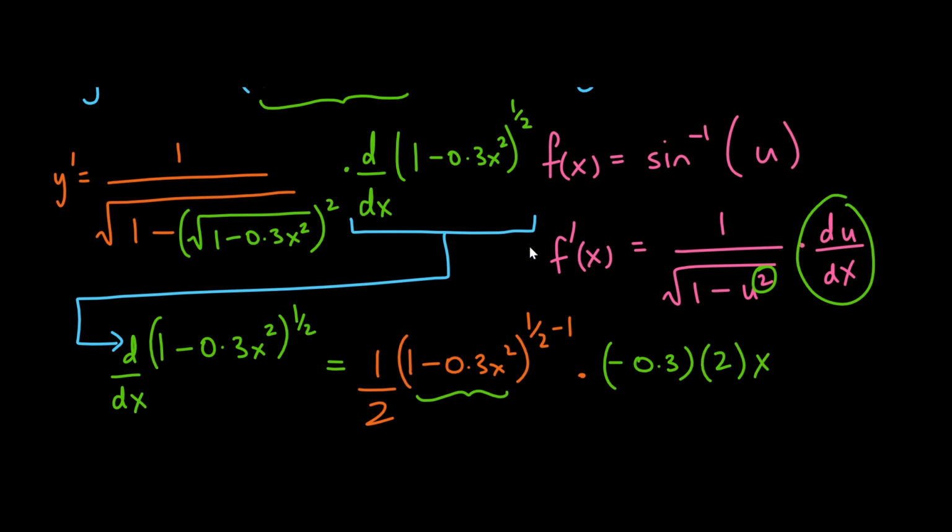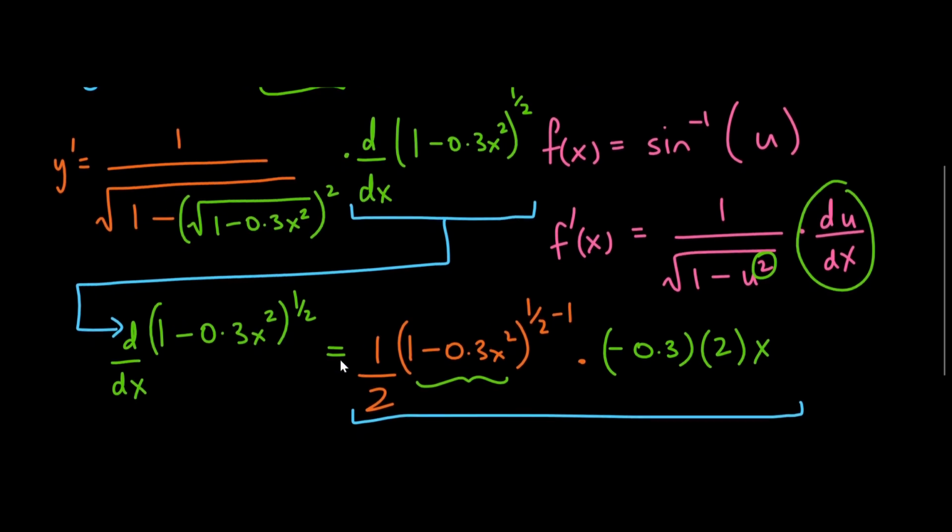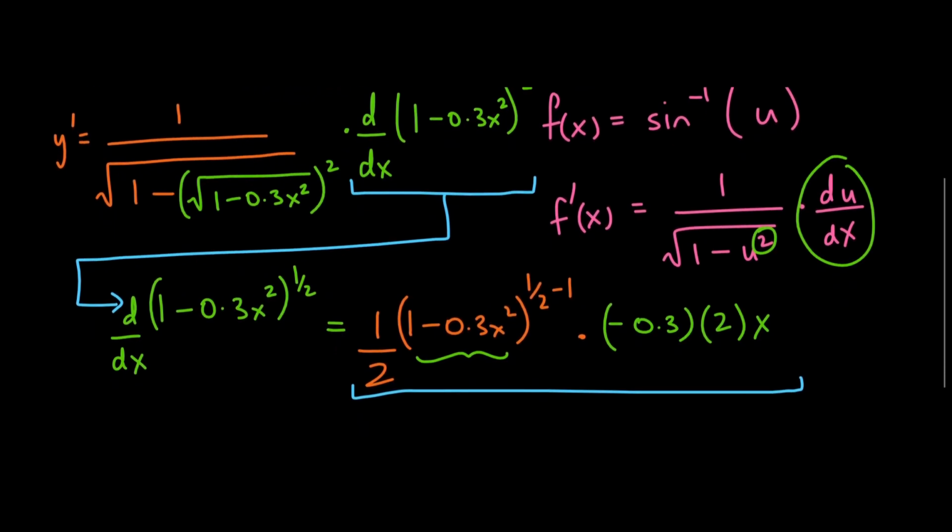And now we can put these two terms back with the original question. So now I'm going to write the whole thing in full. Y prime is equal to 1 over the square root of 1 minus, here we're squaring a square root, so it cancels out.